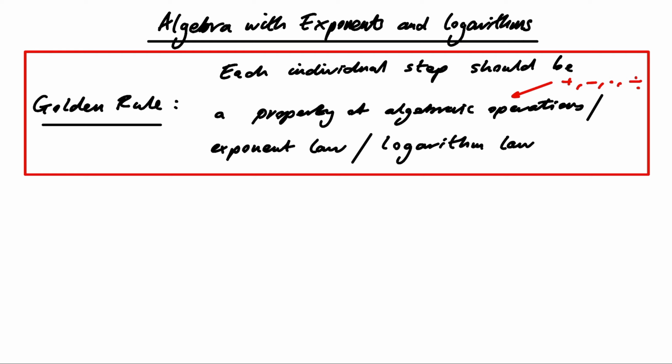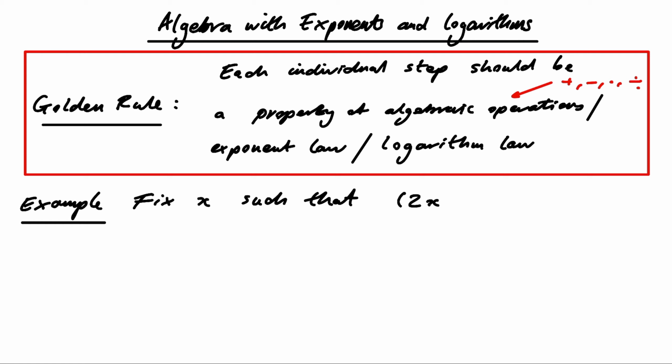So let's do an example where we have to find an x to begin with. Find x, some number, such that (2x minus 1) cubed is equal to minus 8.